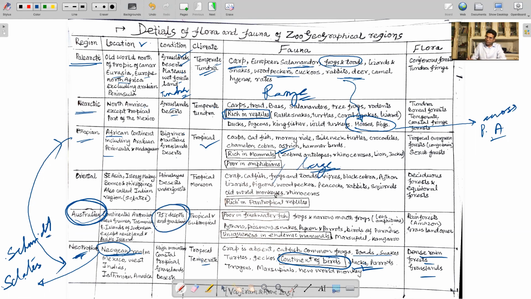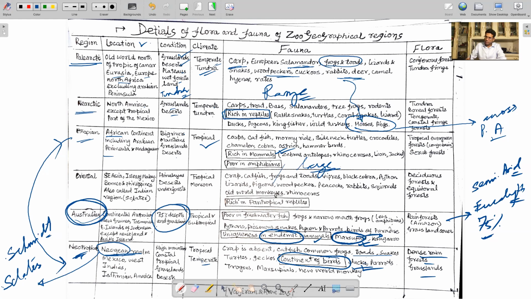The main type of flora in Australia is eucalyptus, almost 75% of all plants are eucalyptus varieties. It's a kind of semi-arid type of climate here. And in life forms, very important, it has some endemic life forms. Mammals, more important are marsupials, like kangaroo.